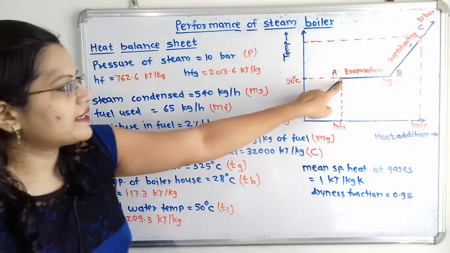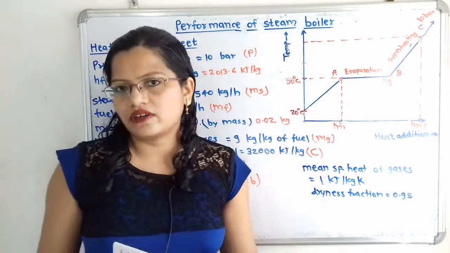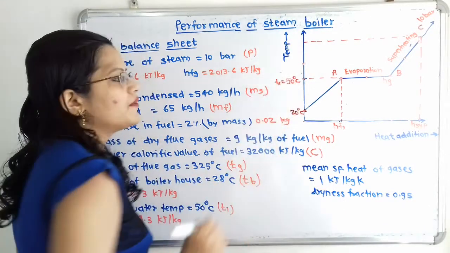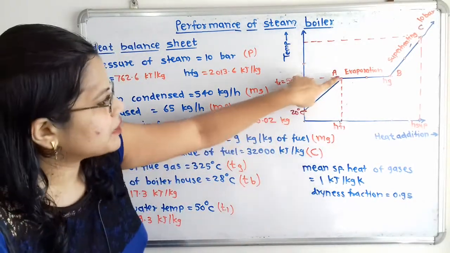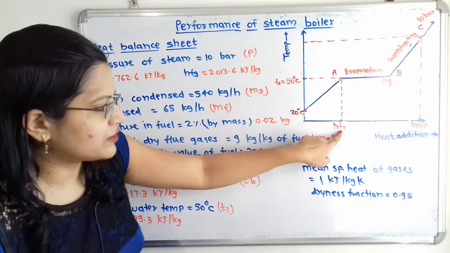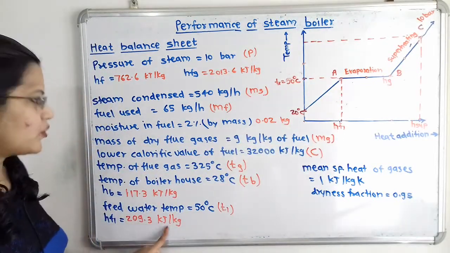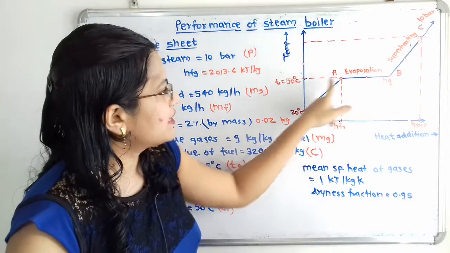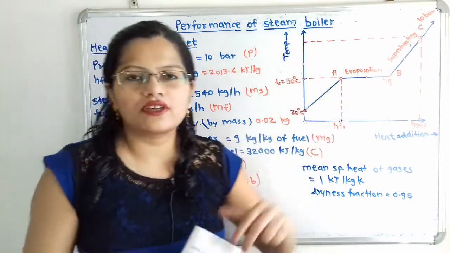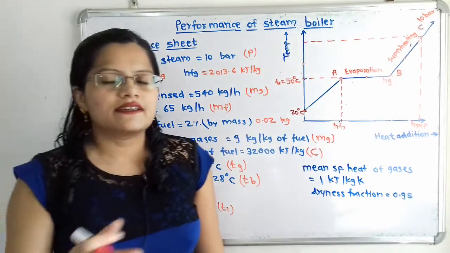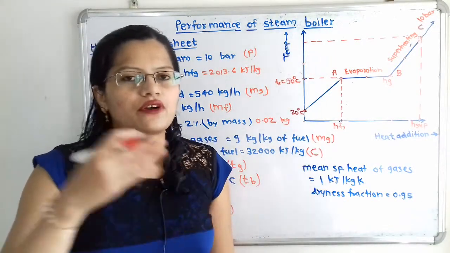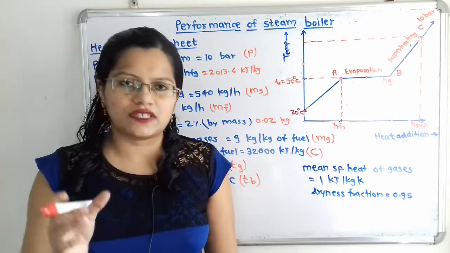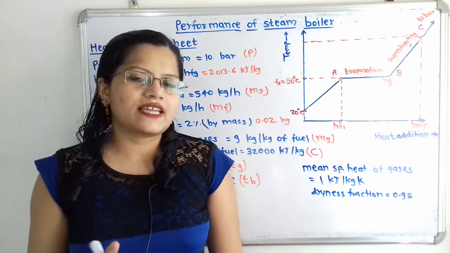So point A is nothing but the feed water temperature, known as T1. So T1 is equal to 50 degrees Celsius, and at this particular point we have to find Hf1, that is 209.3. When we continue to add heat, the temperature will remain constant, and the heat added is used to convert the water into steam. This heat addition is used for the phase change process, and that's why it is known as the latent heat.